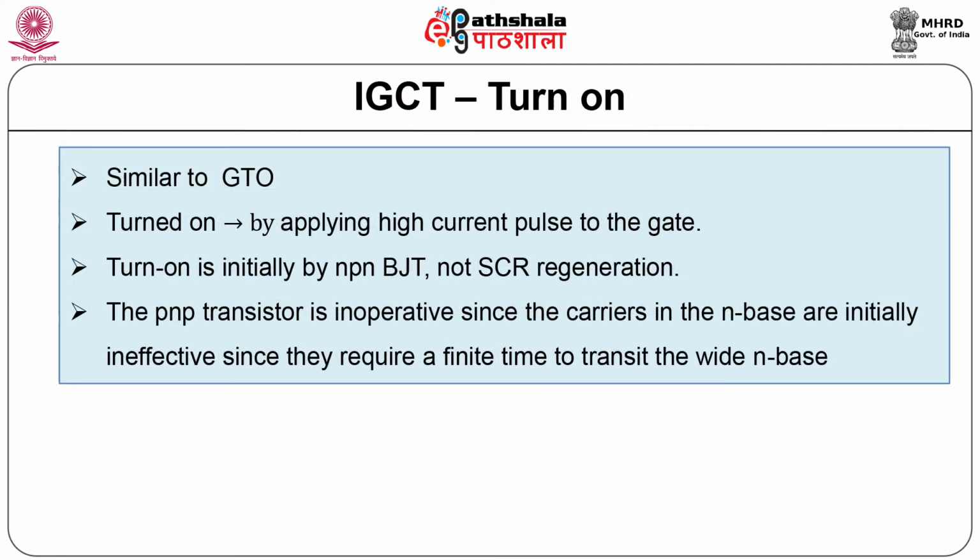Due to a very fast and large gate current pulse of full rated current, IGCT will turn off within 1 microsecond. It ensures a faster turn off. Turn on is similar to GTO by applying a high current pulse to the gate. So, it will turn on the NPN BJT.